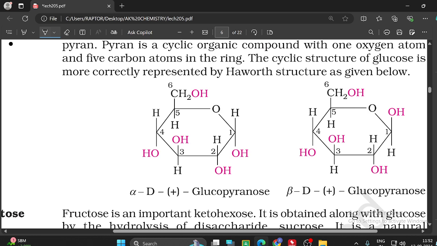Okay. See how we are converting the structure of glucose to the cyclic structure.